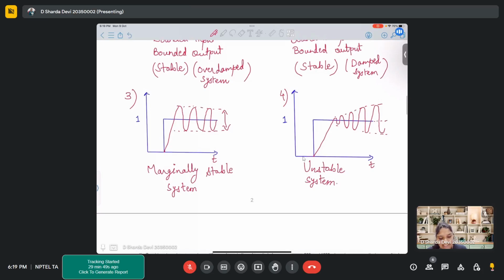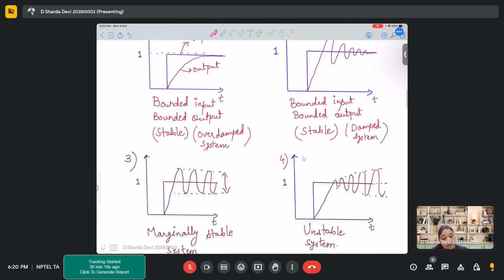The third one is a marginally stable system, or you can say a sustained oscillation system, but most commonly the terminology used for this type of behavior is marginally stable system. And this last one is unstable, so we don't name it anything else. But people do call it an underdamped system and all, but majorly it is an unstable system.